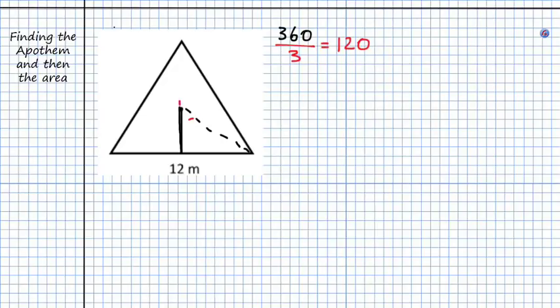So that gives me this angle here, which is 120. Then I want to cut that in half to be able to get this angle here. So that's going to be 60 degrees. And of course that makes this 30 degrees. And this is a right angle.